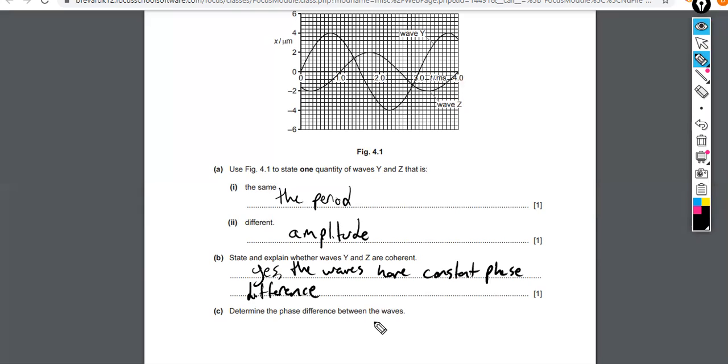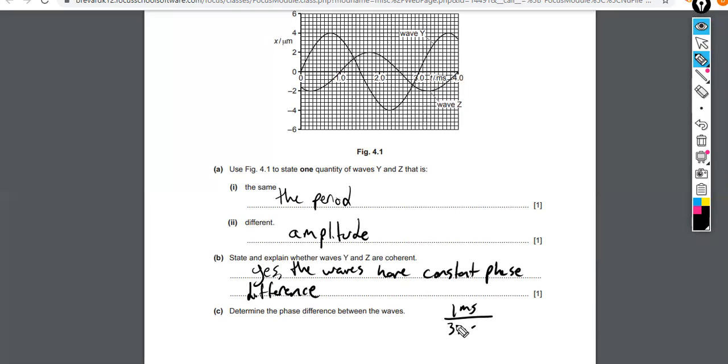Determine the phase difference between the waves. So again, the way that you calculate this is what is the shift between them? I think the easiest way to read that is to look at this. This wave starts at 0, and this wave starts above equilibrium at 1 millisecond. So they're different. The shift is 1 millisecond over the entire period of the wave, which we already saw up here was 3 milliseconds.